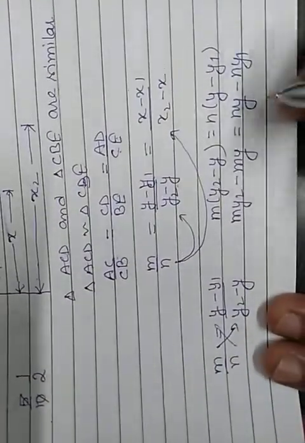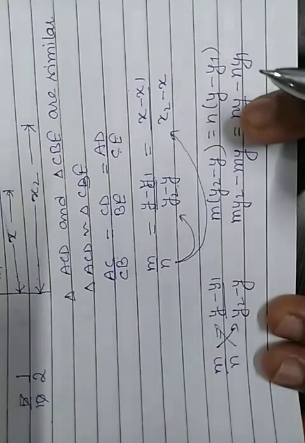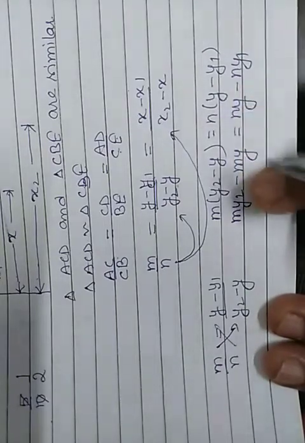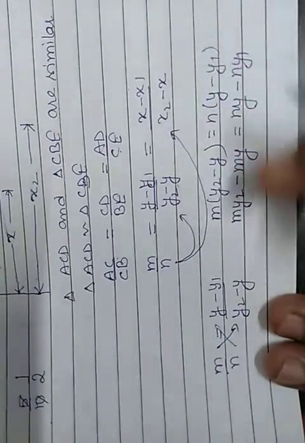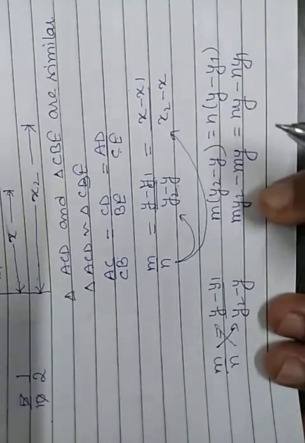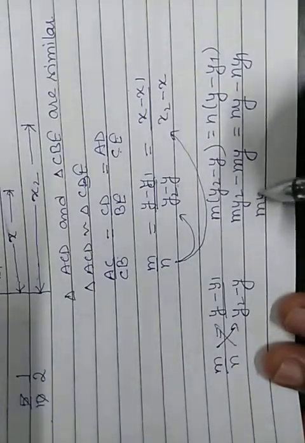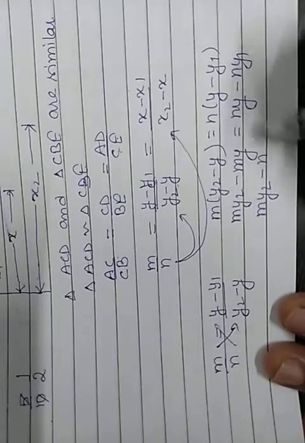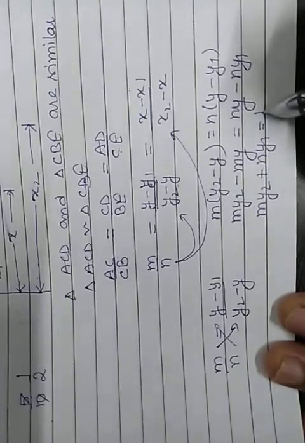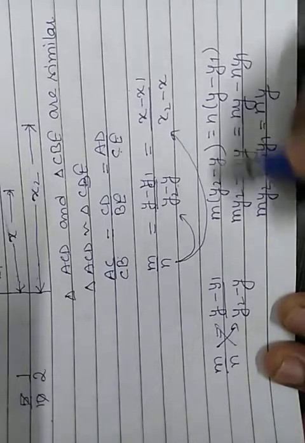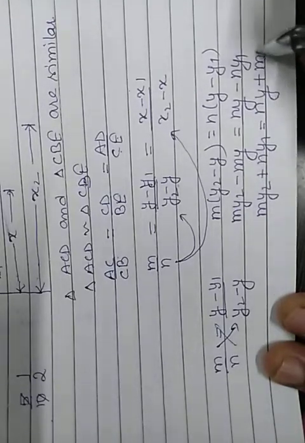So what I will do, I will keep the terms of y on the LHS and the other ones on the RHS. So my2 will come here, and minus ny1 becomes plus ny1, and this is ny here, and this my will also come here.